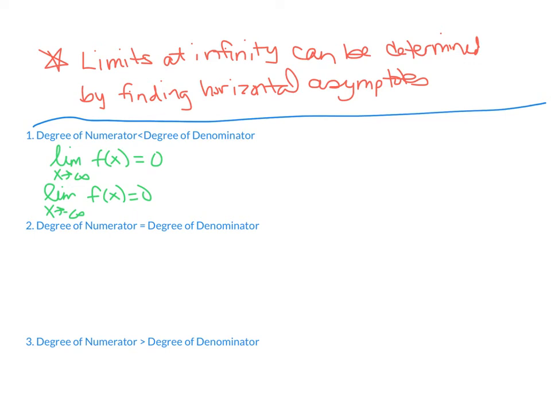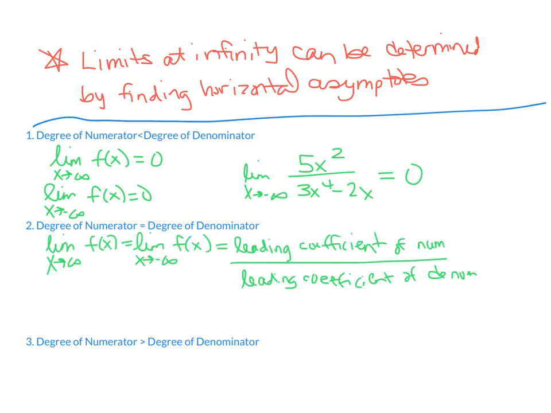So, for example, if I'm finding the limit as x approaches negative infinity of 5x squared over 3x to the fourth minus 2x, that is just going to be 0. The next case you also might remember from when we did horizontal asymptotes.